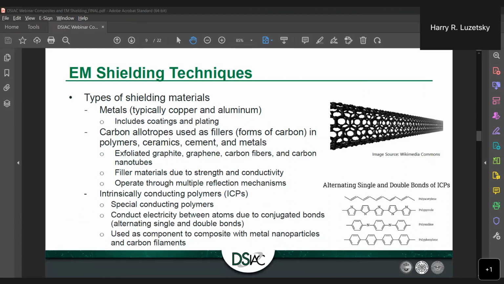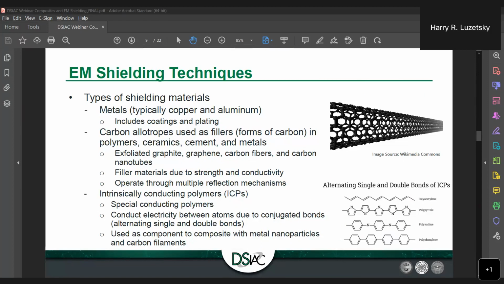So what kind of shielding techniques have been explored? You may hear a lot of these. We know the metals, typically copper and aluminum, and this also includes coatings and plating. This seems to have been, we'll call this legacy, if you will, the most common. There are carbon allotropes used as fillers: exfoliated graphite, graphene, carbon fibers, carbon nanotubes.